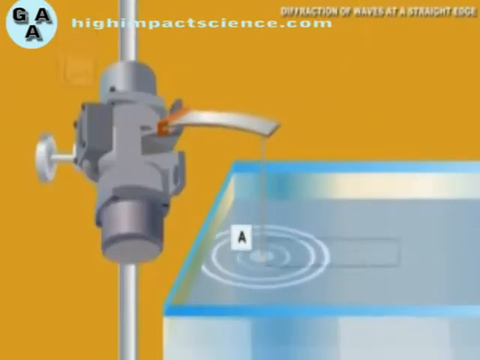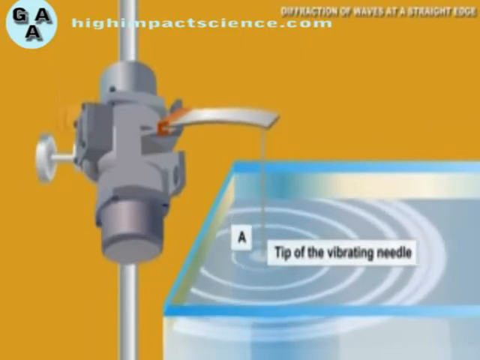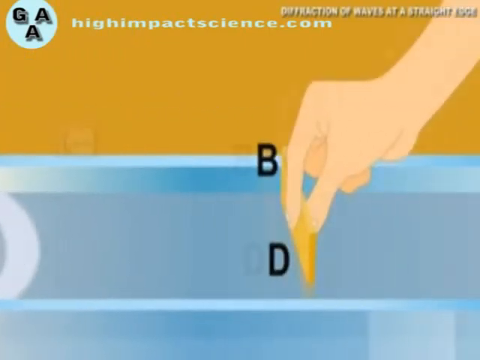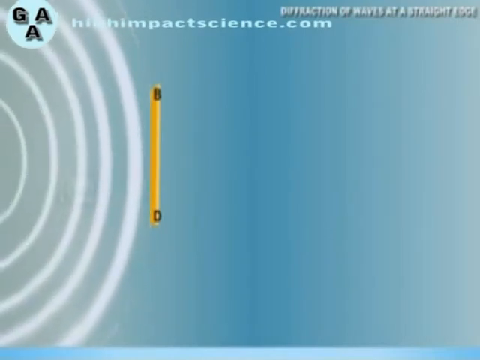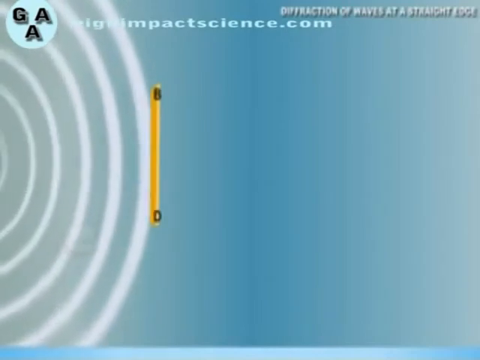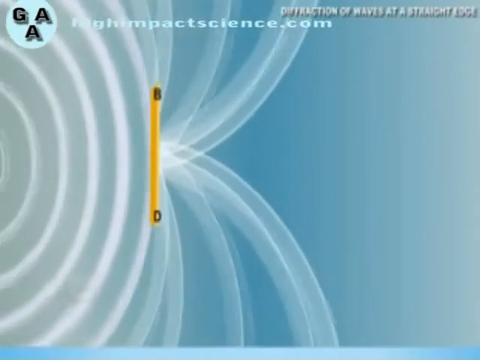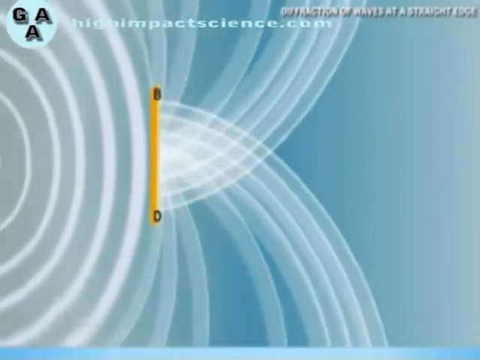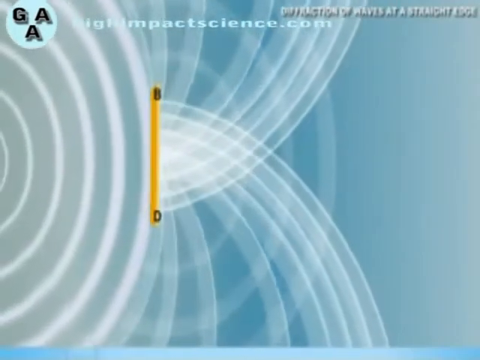Here A, the tip of the vibrating needle, behaves as a source of circular waves, which spread out and travel towards scale BD. The waves spread out equally in all directions until they reach BD. At this point, the lower edge of the wavefront is cut off completely. Only the upper portion beyond the straight edge should travel beyond the scale. But sometimes there are weak waves that spread out into the lower region.